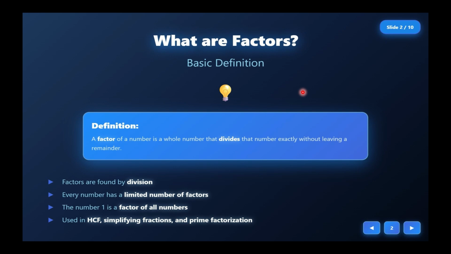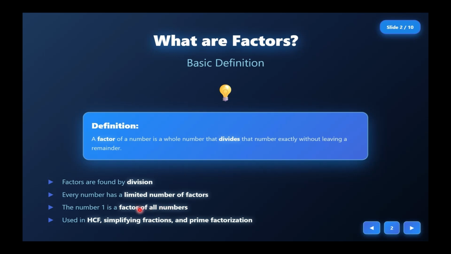Here are 4 key things to remember about factors. First one, factors are found by division, not multiplication. Second, every number has a limited number of factors. They are not infinite. And third one, number 1 is always a factor of every number.